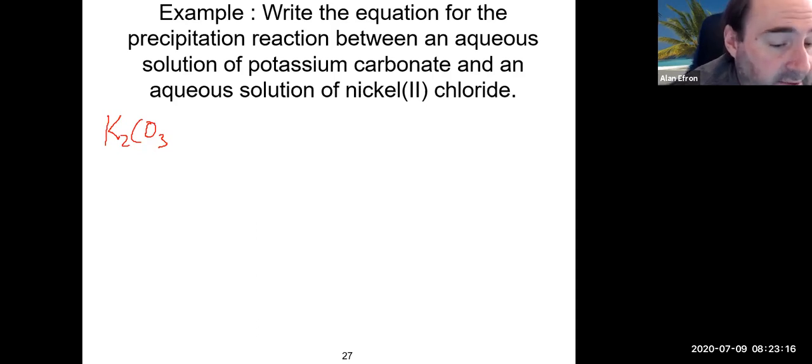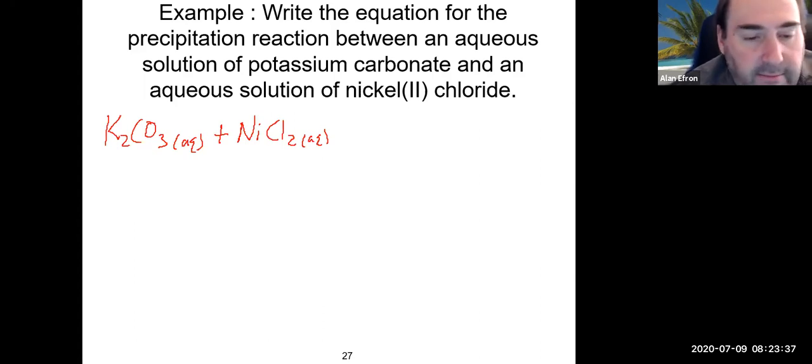We know that this is going to be soluble because it has potassium in it. Also because they tell us it's a solution. Nickel 2 chloride: nickel would have a +2 charge, chloride would have a -1 charge, which means we do need NiCl2. Also going to be aqueous because of chloride not being attached to silver, lead, or mercury.